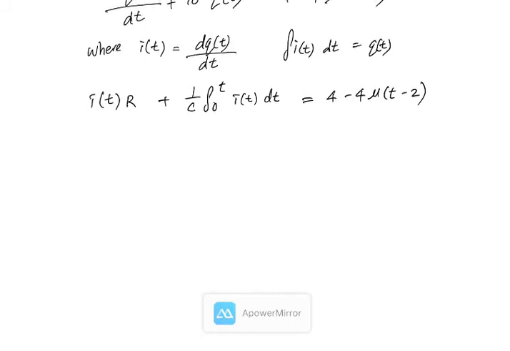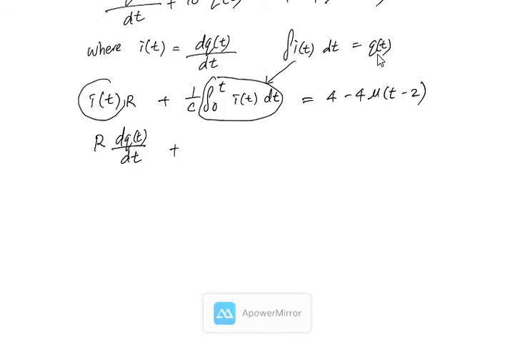From the question given, we already know that i(t) is dq(t)/dt. So we can substitute in the i(t) like this: dq(t)/dt plus, integration of i(t) dt equal to q(t). This part we will substitute with this one, and this part will be substituted by this. So I can have q(t) over C, which is equal to 4 minus 4u(t minus 2).